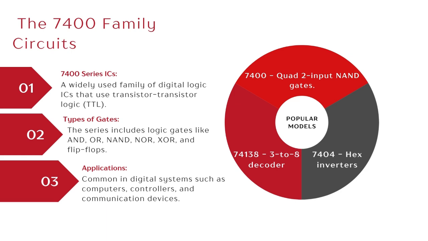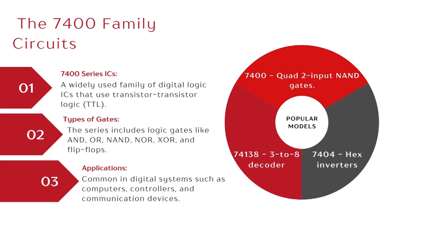The 7400 family circuits. Next, we have the 7400 family of circuits, which is one of the most commonly used series of logic ICs. These are based on transistor-transistor logic, or TTL, and include a variety of logic gates like AND, OR, NAND, and XOR.